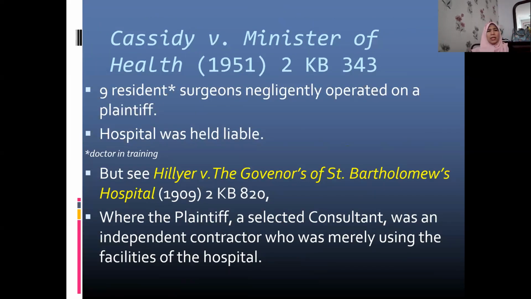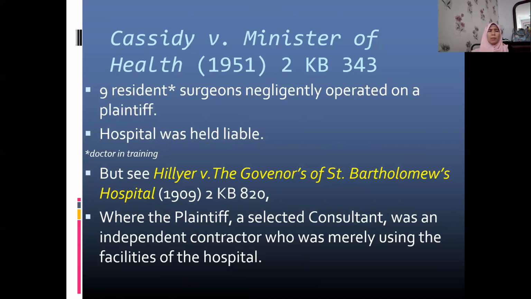We have another leading, landmark common law case, Cassidy and Minister of Health, 1951. So it involved 9 resident surgeons. What's the meaning of resident here? They were doctors in training. They obtained their medical degree, but they are now, I think in Malaysia we have the term housemanship, houseman.